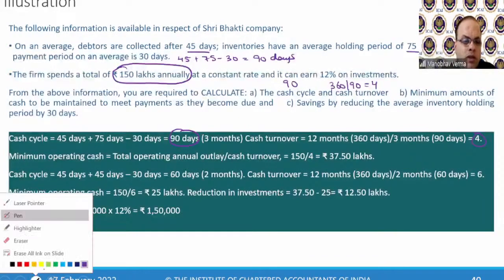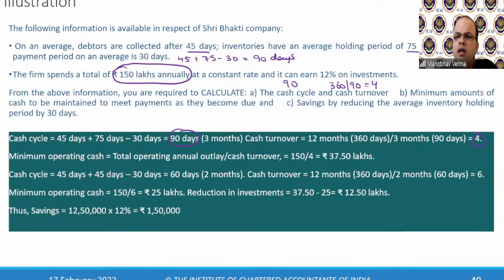What's happening in the C part? Now, savings by reducing the average inventory holding period by 30 days. So what was my average inventory holding period? 75. They want to change it by 30 days, guys. So we're talking about 75 minus 30, which is actually 45 days here.